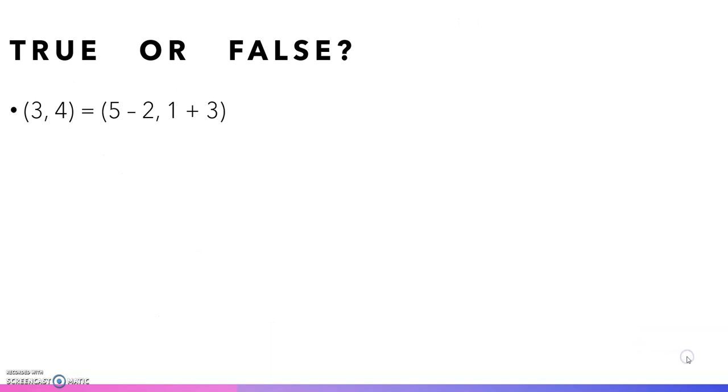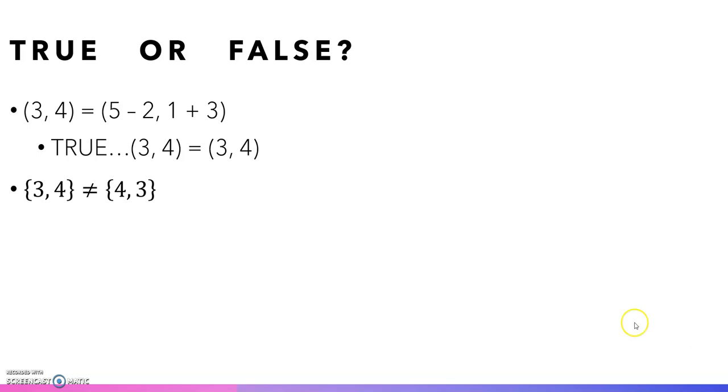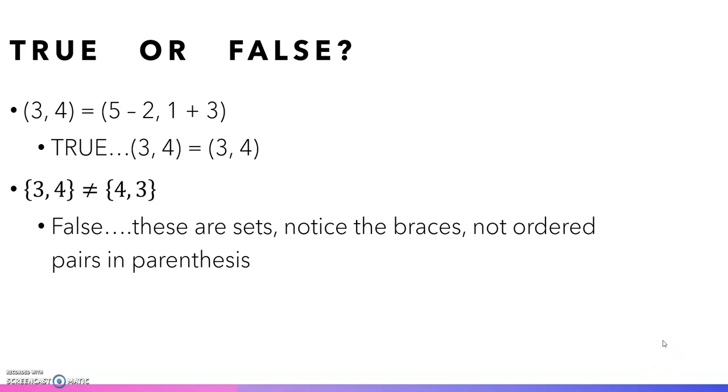True or false? (3, 4) equals (5 minus 2, 1 plus 3). 5 minus 2 is 3, 1 plus 3 is 4, so it's true. (3, 4) equals (3, 4). {3, 4} equals {4, 3}? It is false... Notice, these are sets, written as braces.